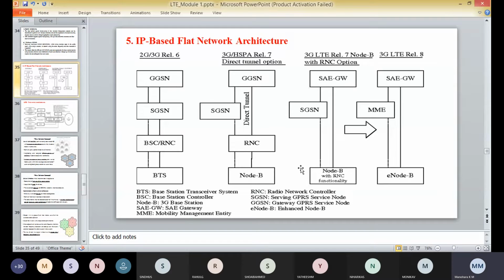The key aspect of LTE flat network architecture is that all services including voice are supported on the IP packet network using the IP protocols. LTE has a single evolved packet switched core over which all the services are supported, providing huge operational and infrastructure savings.